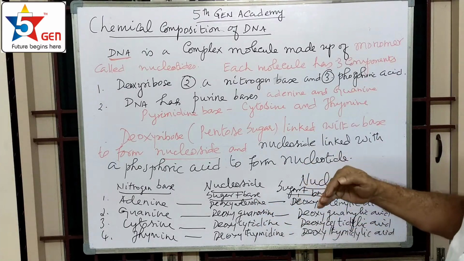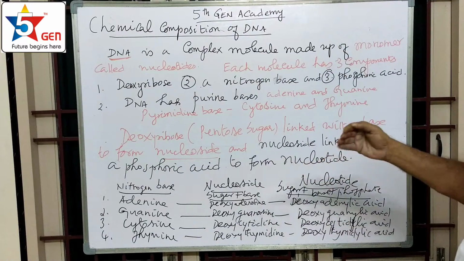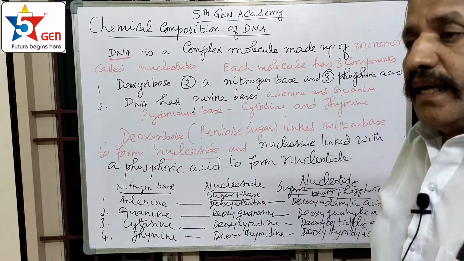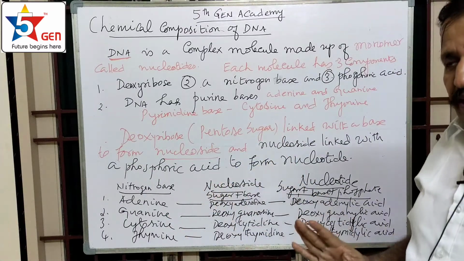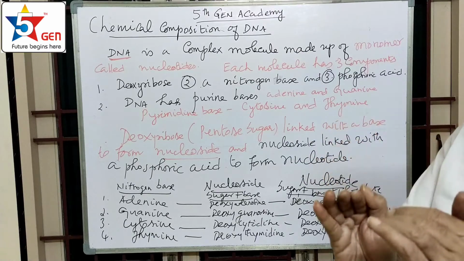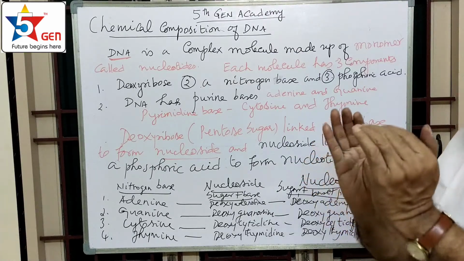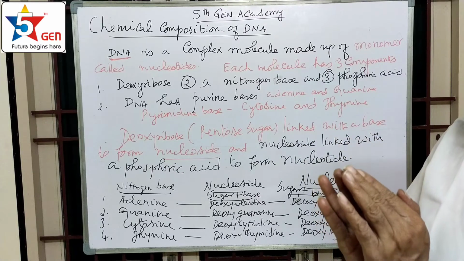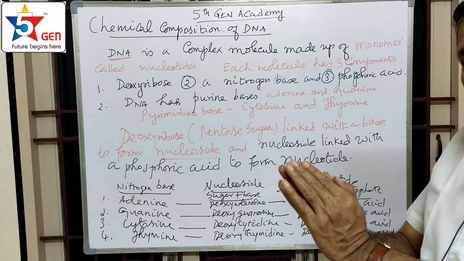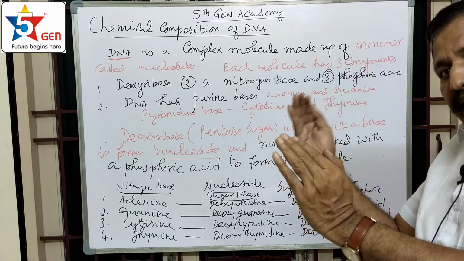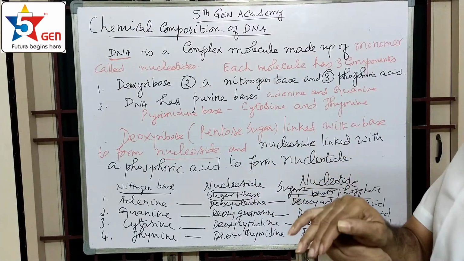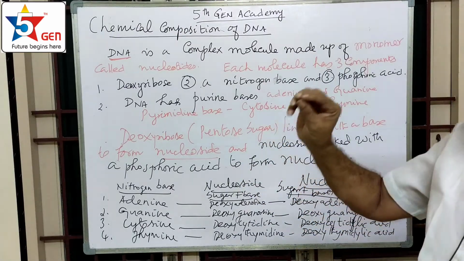If the nucleoside is linked with a phosphoric acid, then we call it a nucleotide. So this is the difference between nucleoside and nucleotide. A nucleotide is the pentose sugar deoxyribose, a nitrogen base, and one more phosphoric acid linked. Hence we call it deoxyribonucleic acid.